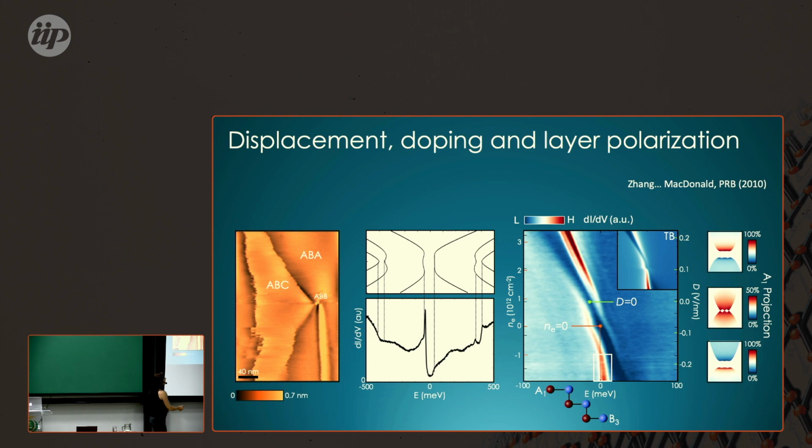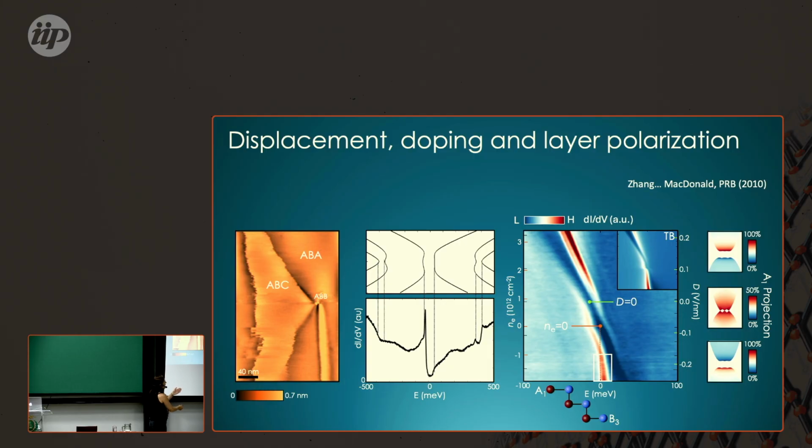Okay, so now we want to concentrate on this region. Here we see that the Van Hove singularity is very sharp, very intense, and it is also located at the Fermi energy.